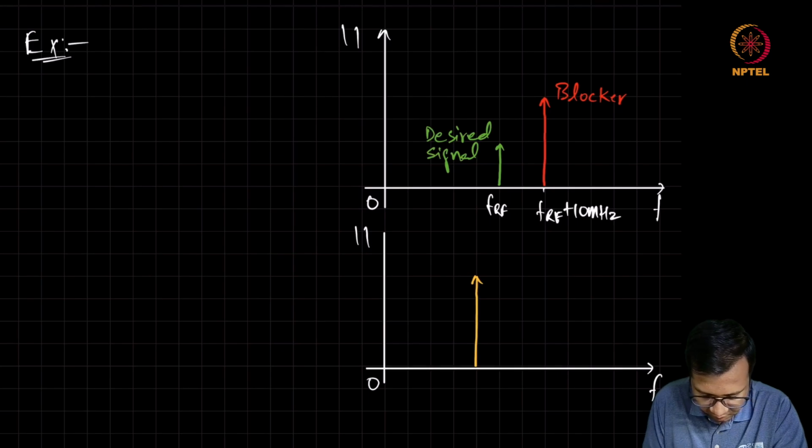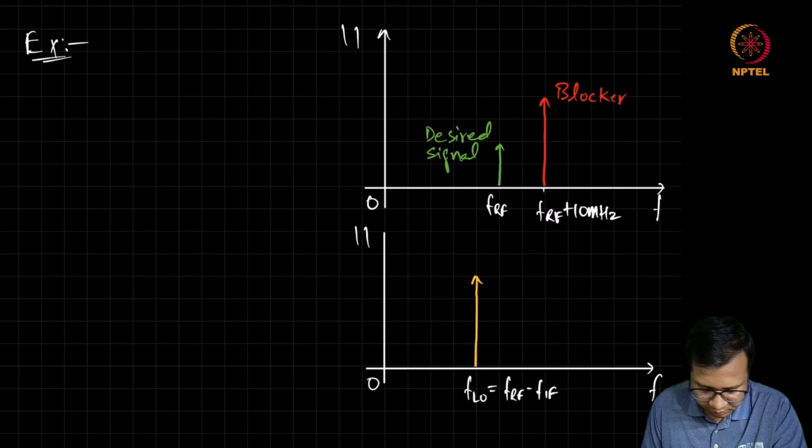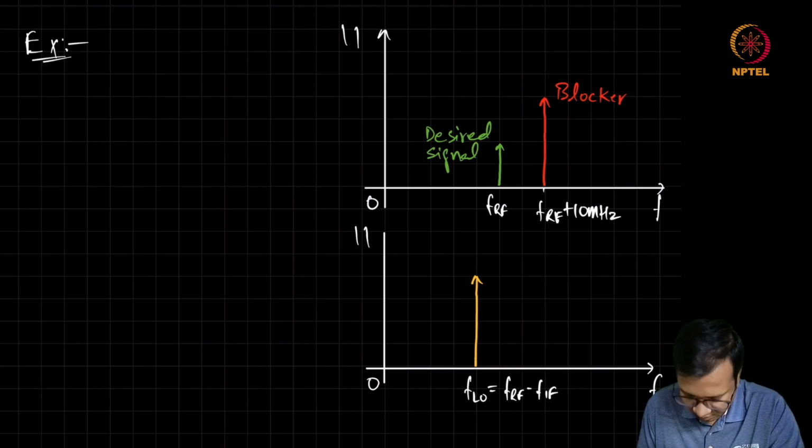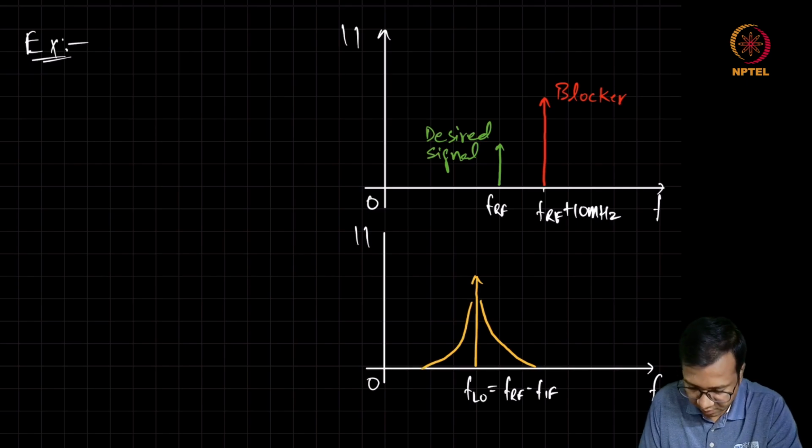So this is a heterodyne architecture. And this LO also has phase noise, looking like this.